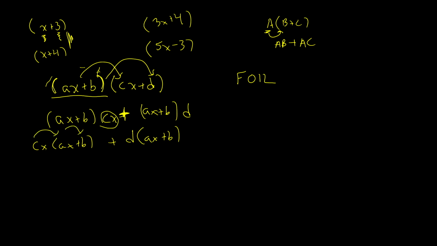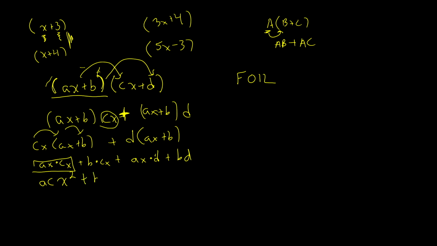So I'm going to get ax times cx plus b times cx, because this is going to go through each one of these. Then I'm going to get ax times d plus b times d. And so I'm going to look at this long string of multiplications here. It's going to be a times c, and x times x is x squared.